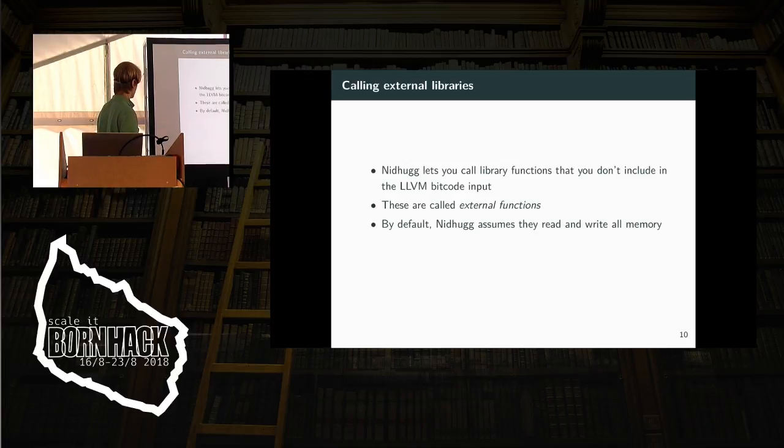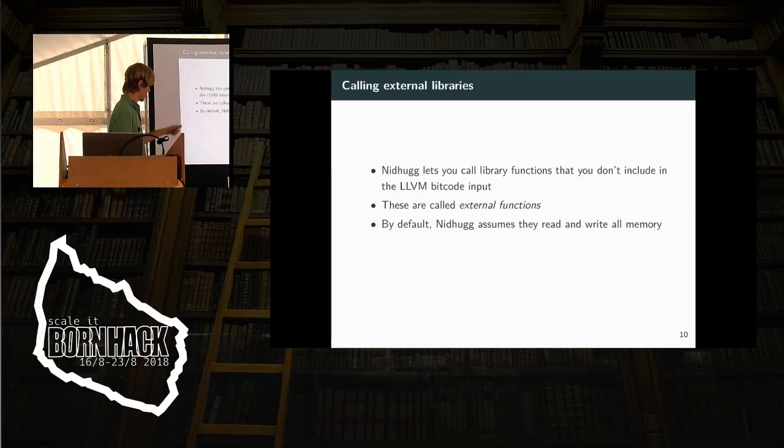So let me show you some other things that you might encounter. Say that you have a program that is calling a library, and this library is not part of the files you are feeding to Nidhugg. In this case, Nidhugg will let you call these so-called external functions, but it will very pessimistically assume that these functions will go and touch all the memory you have, just to be safe that it doesn't miss some kind of strange behavior.